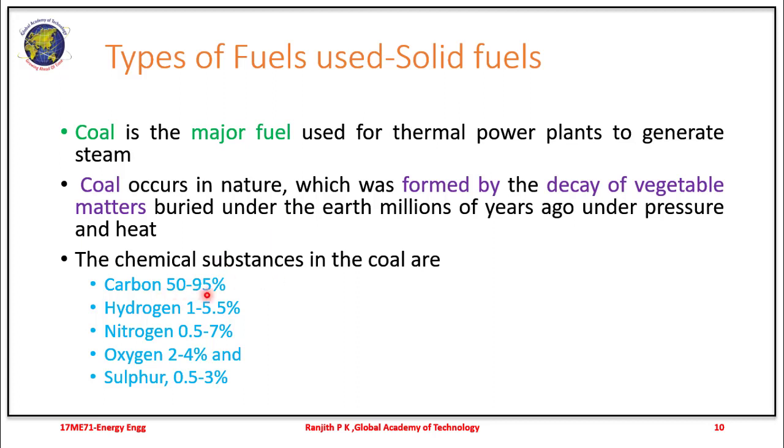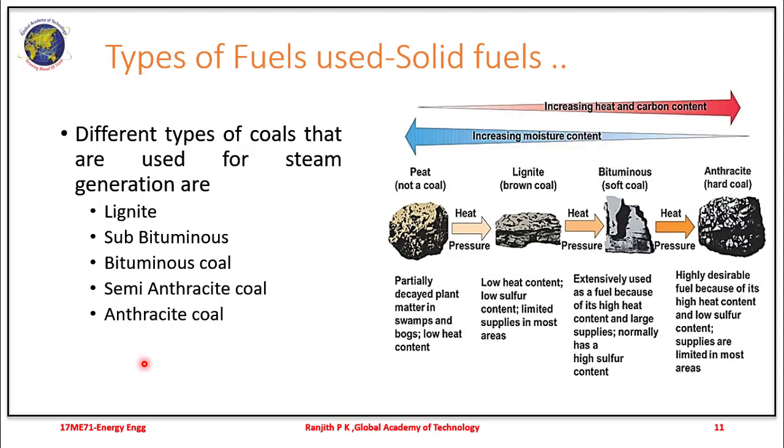If you look at the chemical substance, it contains about 50 to 90% of carbon and other forms of chemicals. There are various types of coals that are used for steam generation. The first form being peat, then lignite, bituminous, then anthracite.